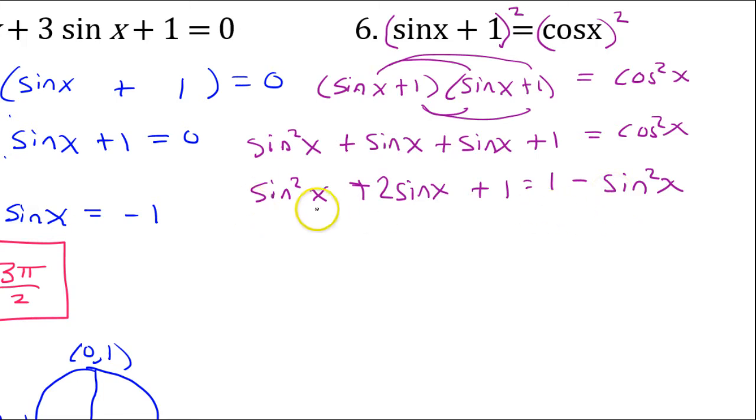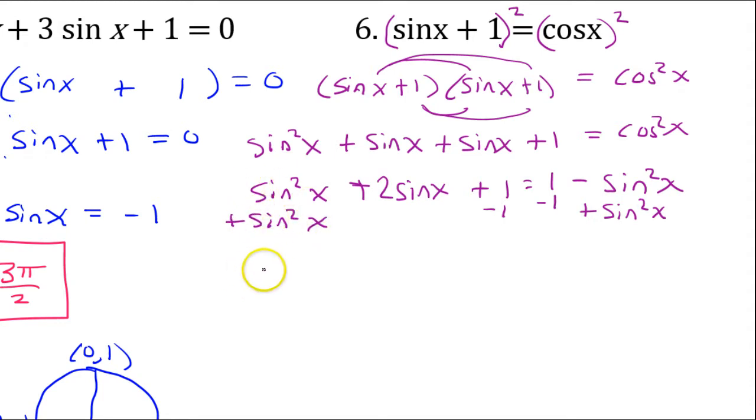Interesting. So I need to get everything on one side of the equation though. So I am going to subtract 1 from both sides, which is interesting because those cancel out. But I'm also going to add sine squared x to both sides, being careful to line up my like terms. So I'm adding sine squared x. Are these going to cancel out?